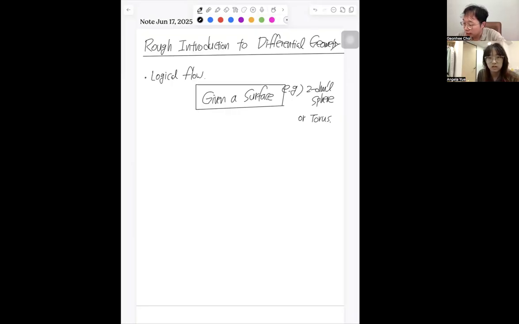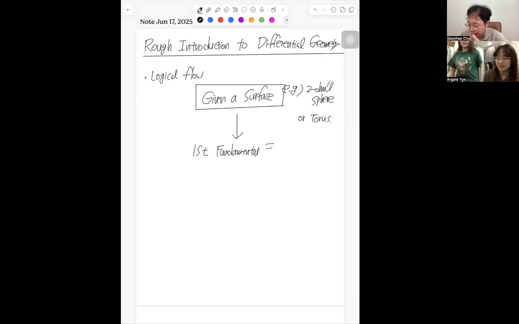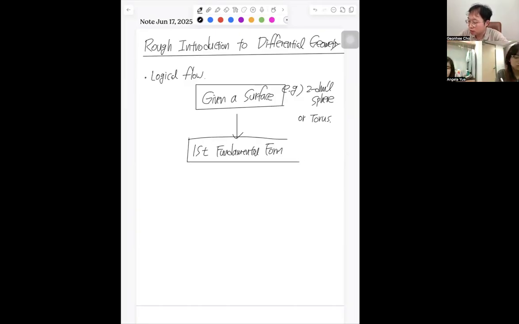And then we assign the so-called concept of the first fundamental form. I assume I need to explain this a lot today, so please feel free to ask. So we start from the surface, and that determines the first fundamental form, whatever that is.